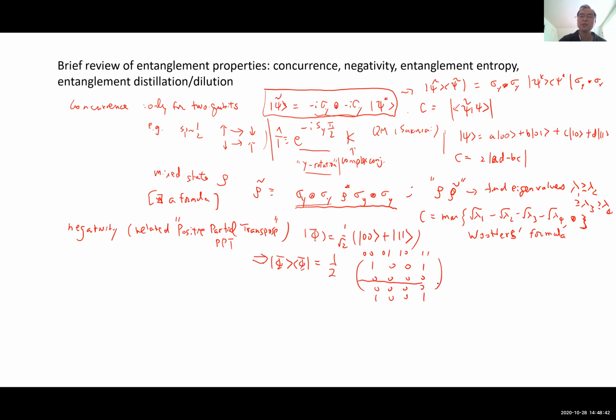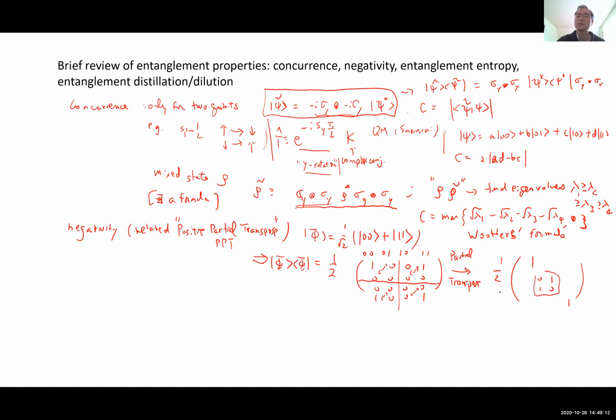Partial transpose basically just takes the transpose of each block. So you get 1 and then 1 at the middle, basically a sigma X matrix in the middle.